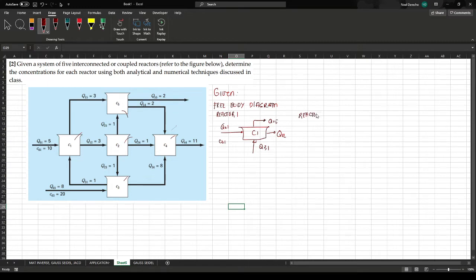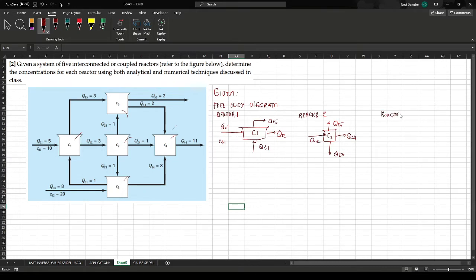Reactor 2, C2, which is going out Q25, going out Q24, going out Q23, then going in Q12.